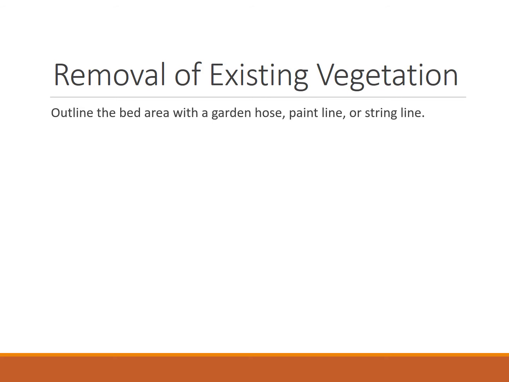Okay, once you have a general idea of where that bed's going to go, there's a question that you have to answer, and that is, do you want to remove existing vegetation? And if you want to do that, how are you going to do that? So in the case of the picture that we just saw a second ago, the existing vegetation is that turf grass. So we have a couple choices.